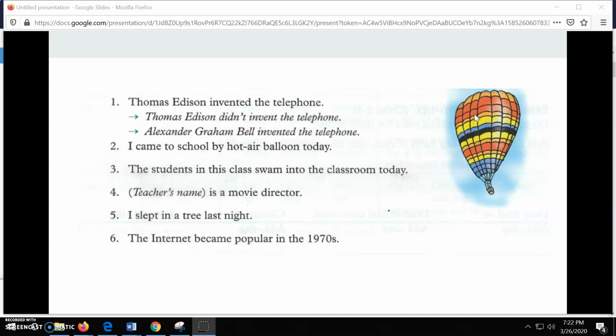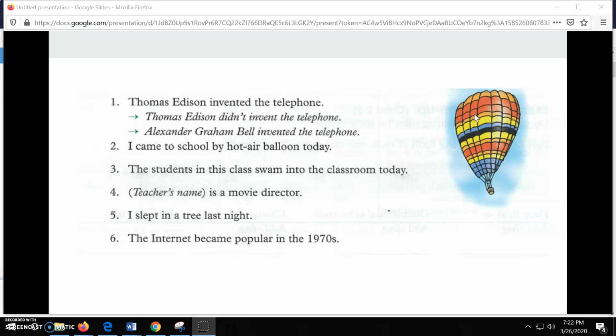Who was an inventor? Alexander Graham Bell invented the telephone. So this is a statement that is true. Okay. So it would be nice if you ask somebody in your family to read the sentences for you, so you can provide both a negative statement and an affirmative statement.